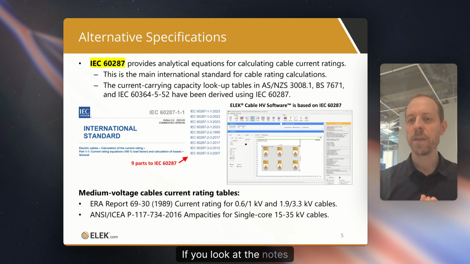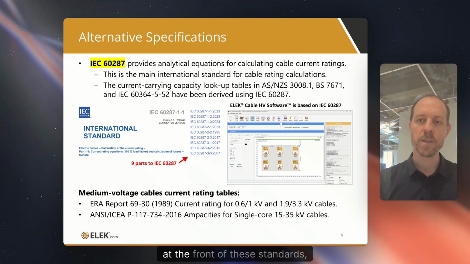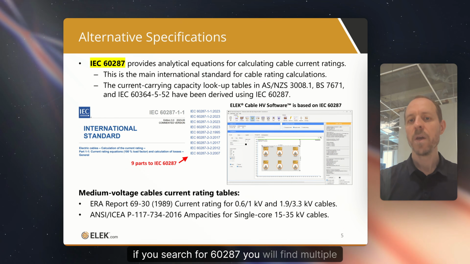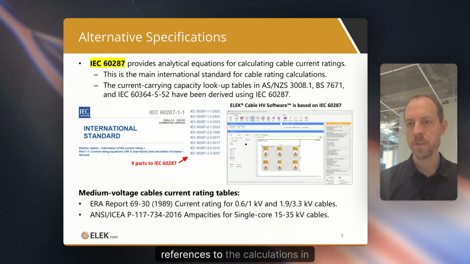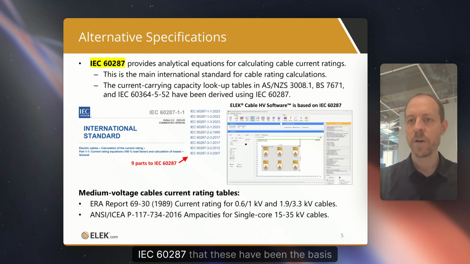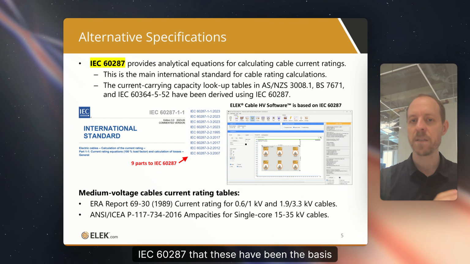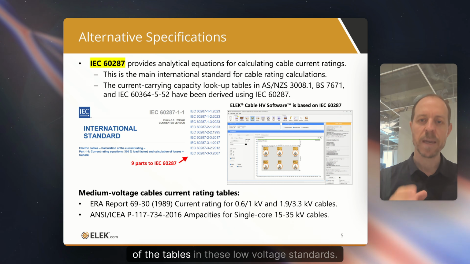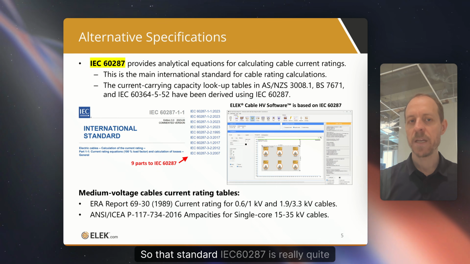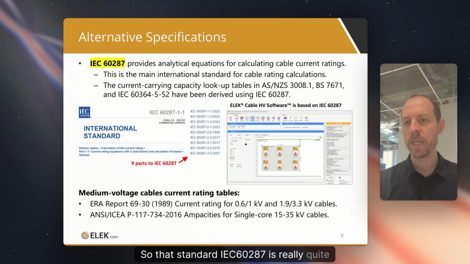If you look at the notes at the front of these standards, if you search for 60287, you'll find multiple references to the calculations in IEC 60287, that these have been the basis of the tables in these low voltage standards.